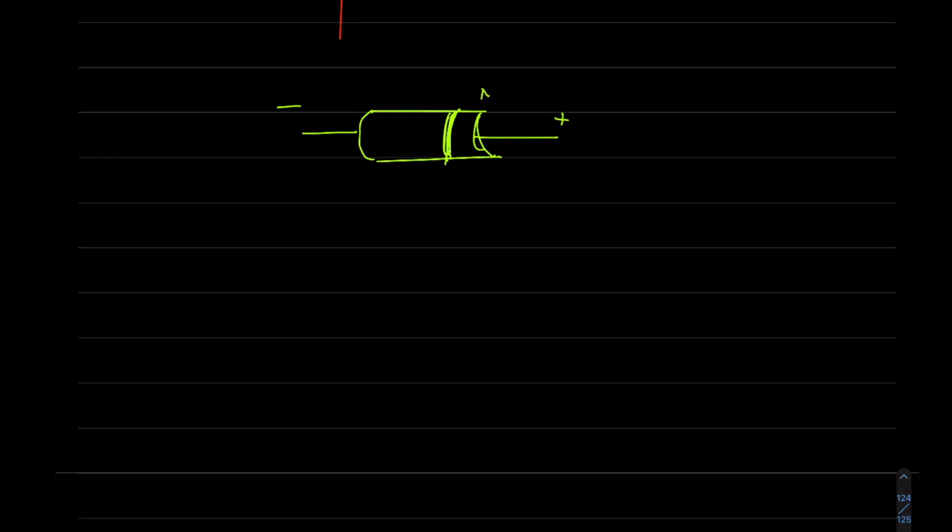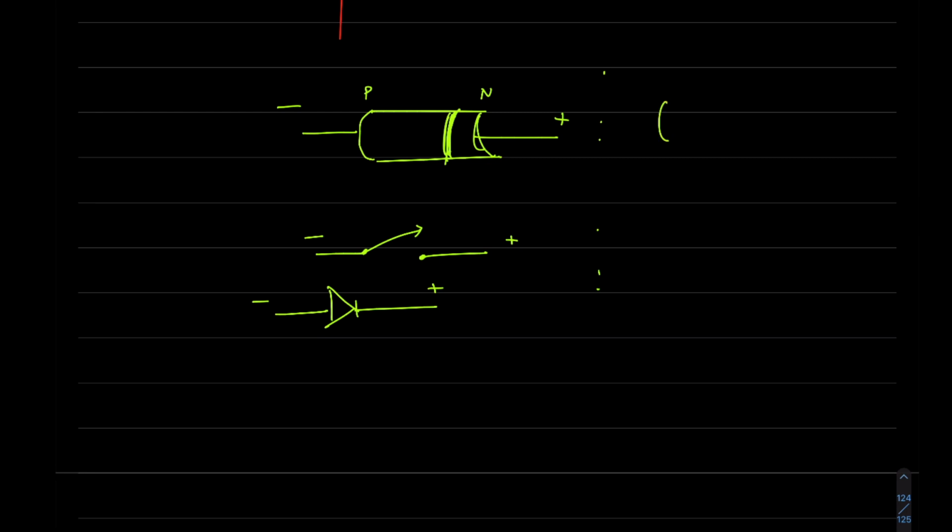So this is the N side, this is the P side, right? So in the reverse biased, we'll just show it as an open switch in the circuit. And you can also do it like this.